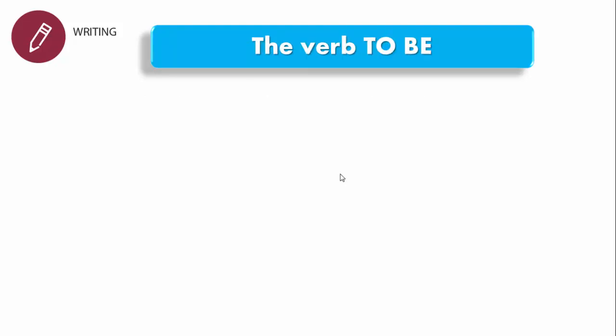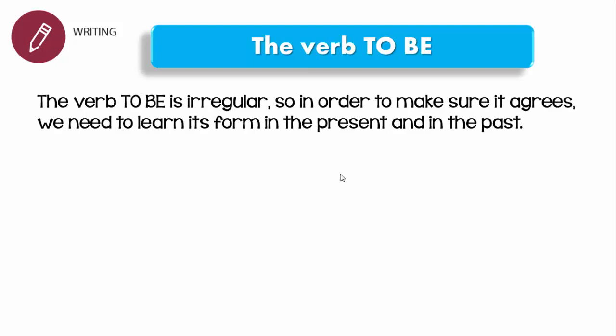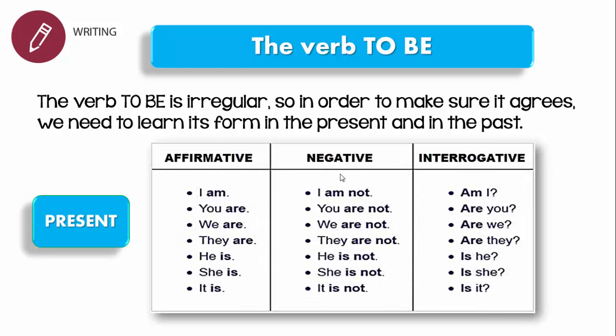The verb to be. The verb to be is irregular, so in order to make sure it agrees, we need to learn its form in the present and in the past. Here you have the verb to be conjugated in the present, in the affirmative, negative, and interrogative.